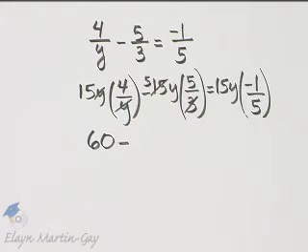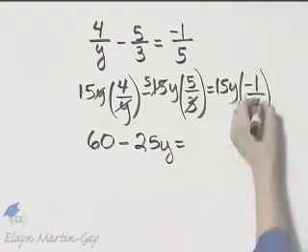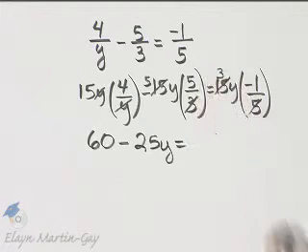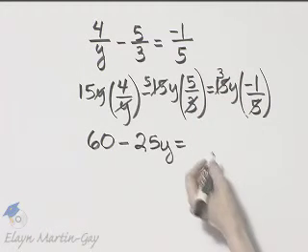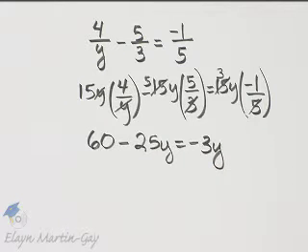I have 5y times 5, that's 25y, is equal to 5 divides into 15 3 times, and that would be 3y times negative 1, or negative 3y. And now this looks much simpler. Let's solve this for y.